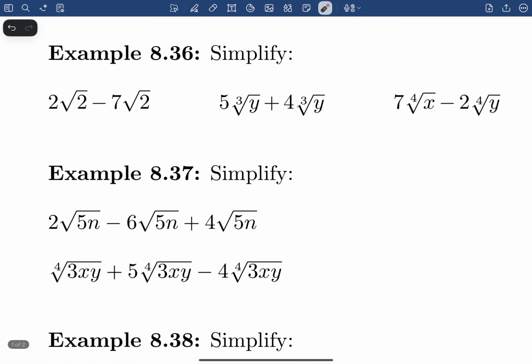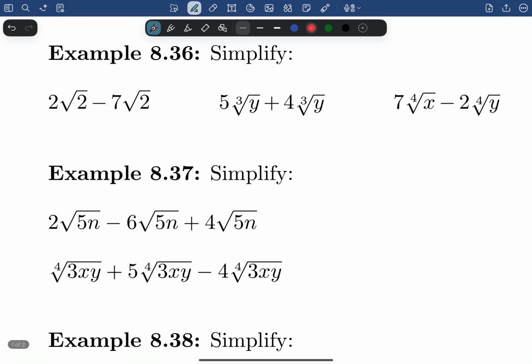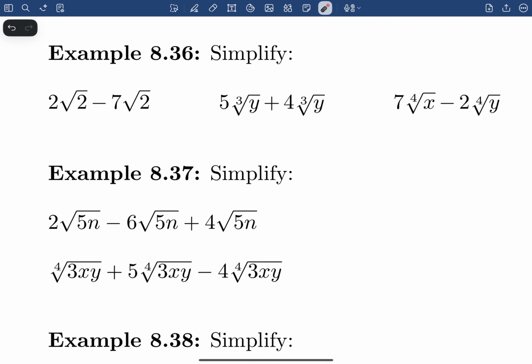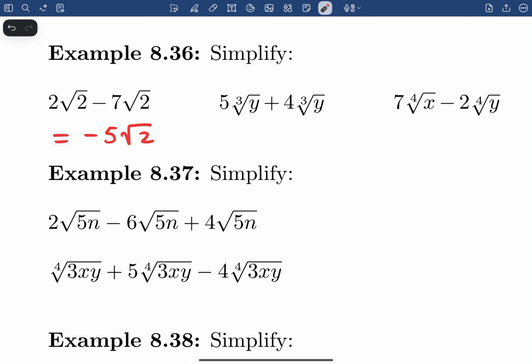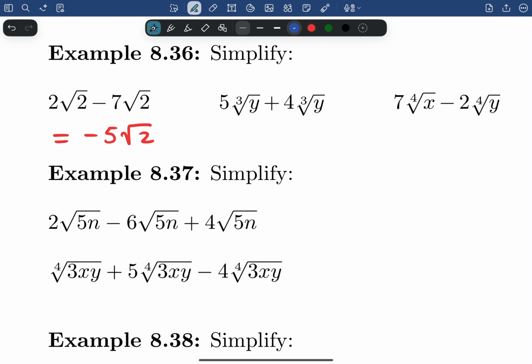So here's example 8.36. We're gonna jump straight into it. When I see 2 root 2 minus 7 root 2, that's equal to negative 5 root 2, because 2 minus 7 is negative 5. And these were like radicals. We can only do this if the radicals have the same index. In this case, the index is invisible.